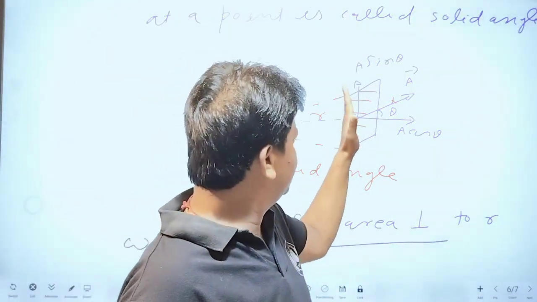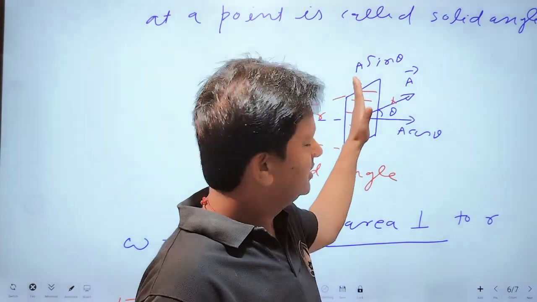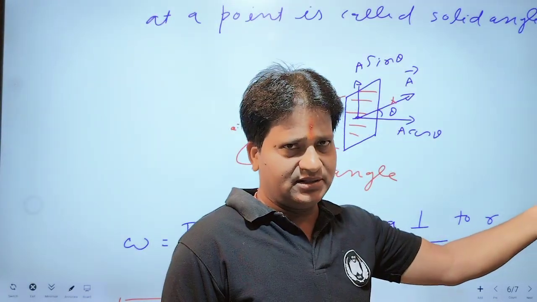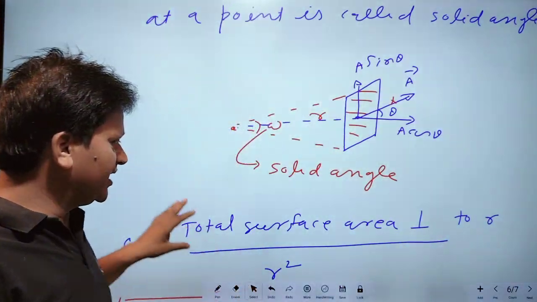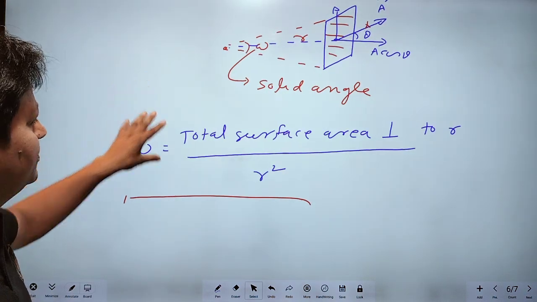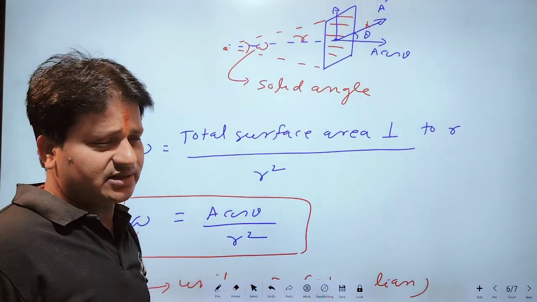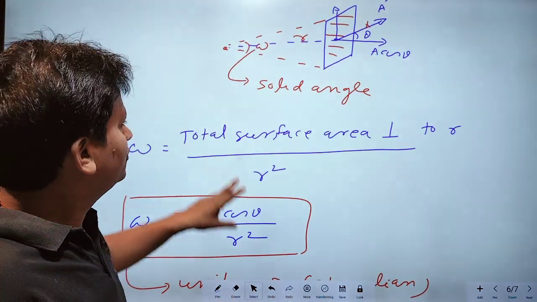If the surface is perpendicular to R, then its direction will be along this direction.